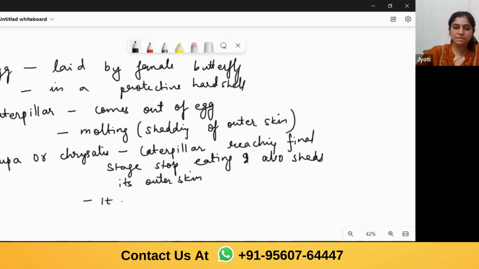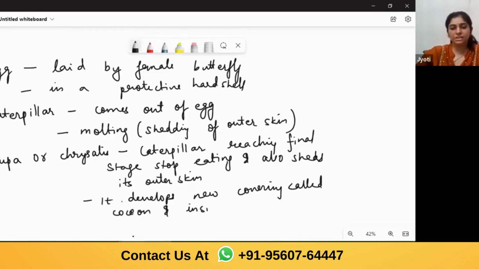It develops a new covering called the cocoon. And inside the cocoon, it develops into pupa.